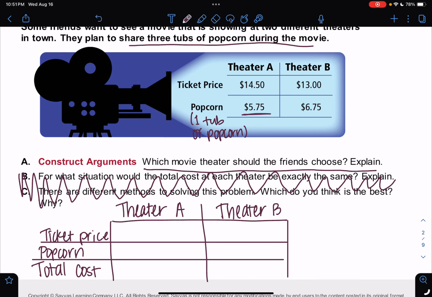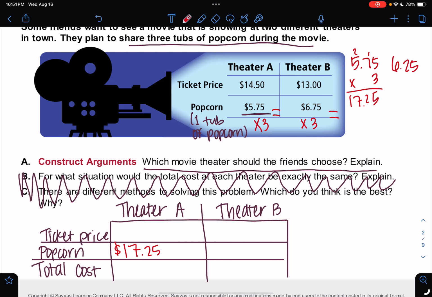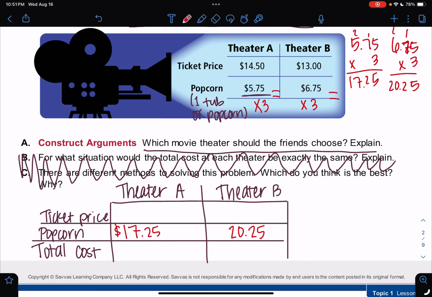So times 3 and times 3 gets me my total amount. 5.75 times 3 gives me $17.25 for theater A. Then 6.75 times 3 gives me $20.25 for theater B.